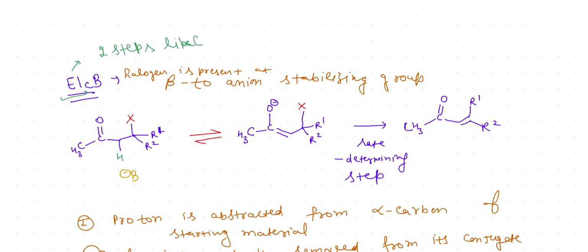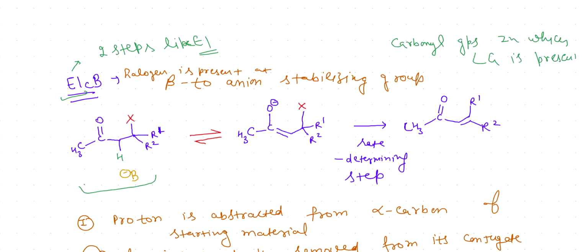So what kind of reactant undergoes this mechanism? Let me explain. The carbonyl compounds in which the leaving group is present at the beta position will undergo the E1cB mechanism.